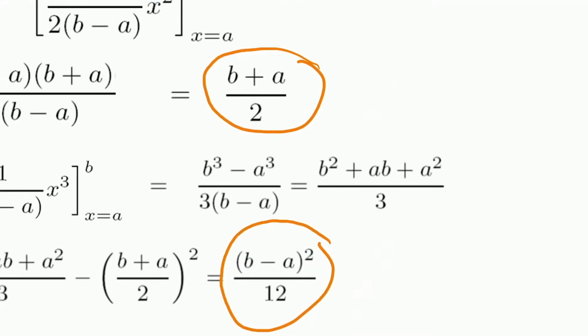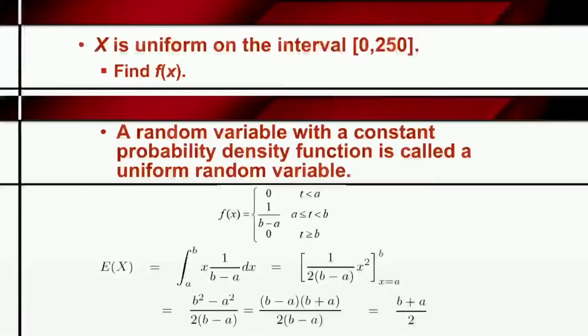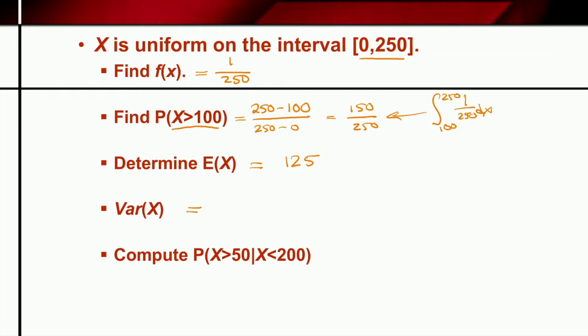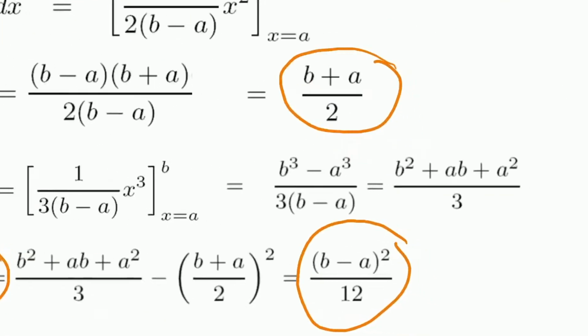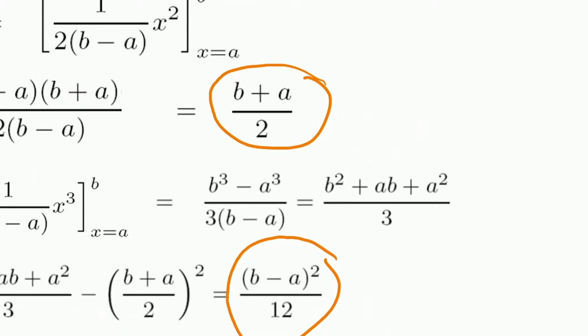(B minus A) squared over 12 for anyone who needs it. That's the variance.